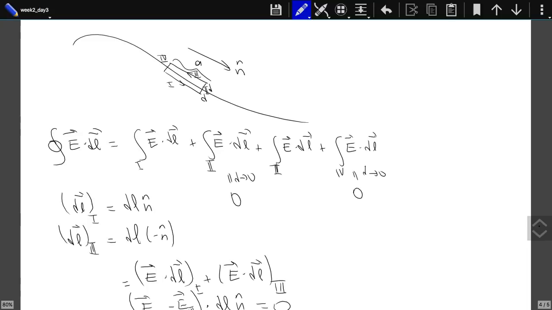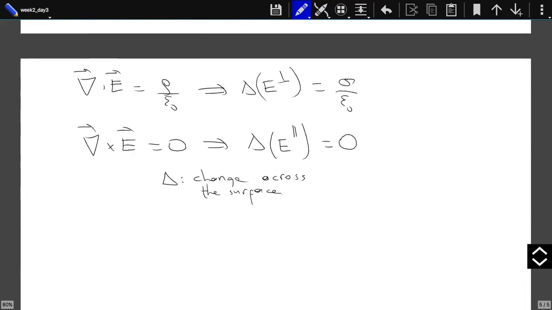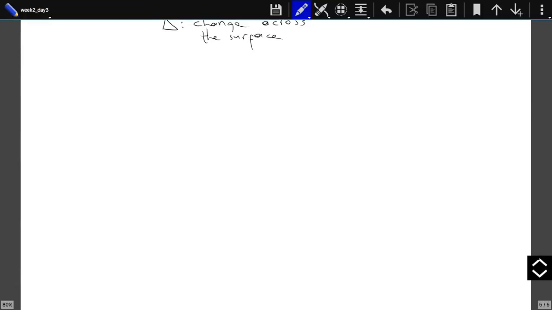Well, you see, the problem is I want to relate the electric fields on both sides. If D is non-zero, you see, let's have this surface. Now, the electric field at this point, in general, will be different than the electric field at that point.